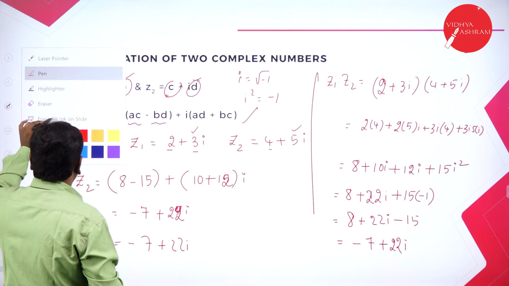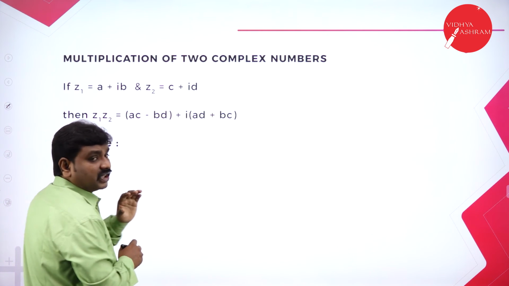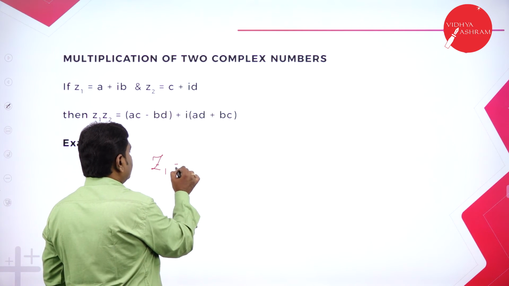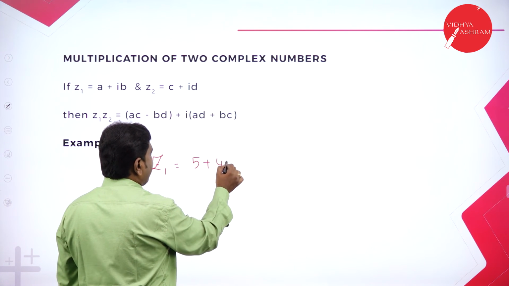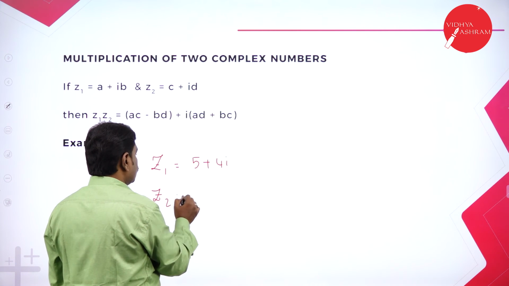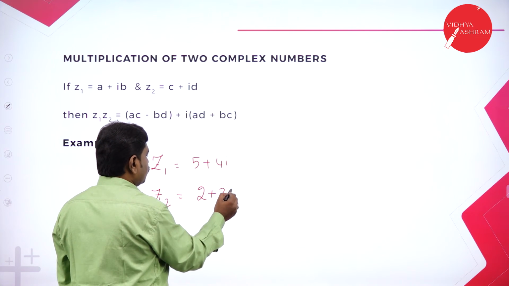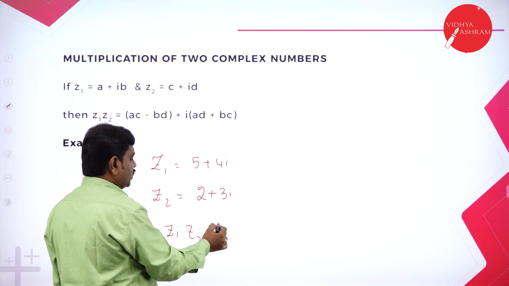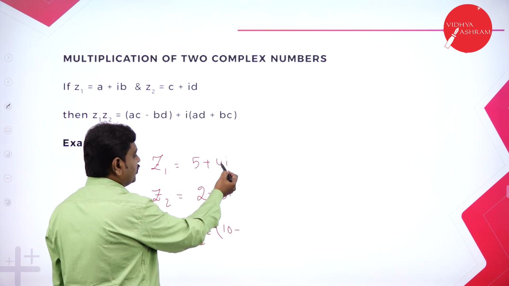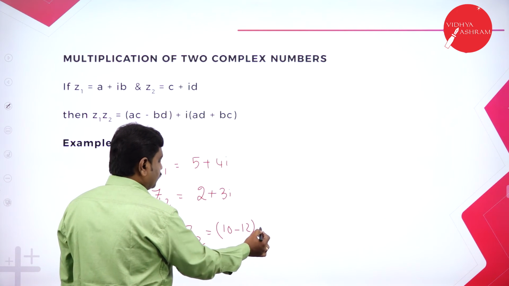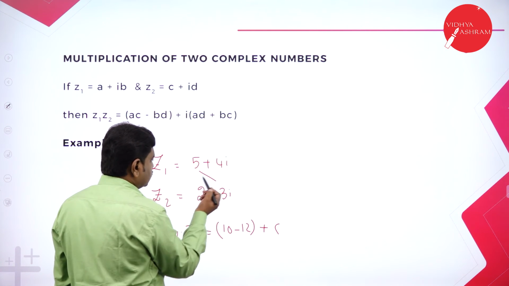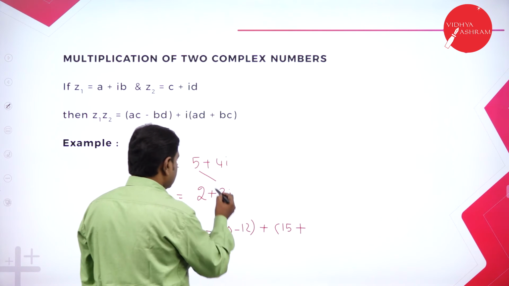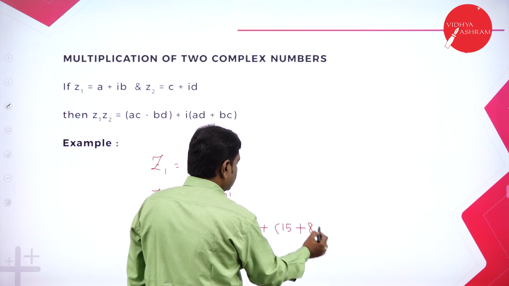And my guidance, if you are using the formula, write one under the other, the process becomes faster. For example, Z1 is 5 plus 4i. Z2 is 2 plus 3i. So now Z1 into Z2 means real into real. 5 2s are 10 minus imaginary into imaginary, 4 3s are 12, plus crisscross. 5 3s are 15 plus, in the formula, 2 4s are 8i.